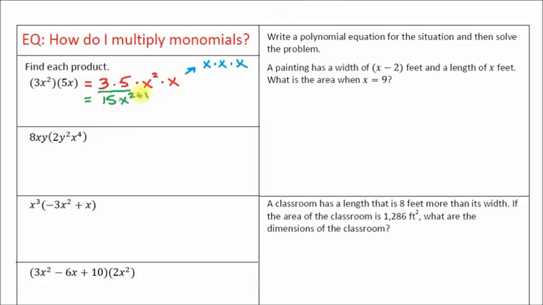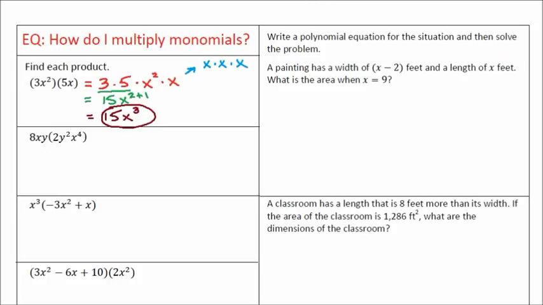If we finish up this answer, let's do this in a different color so you see it. This would be equal to 15x cubed. I'll circle my answer so you see that's the end. I don't like that the 3 doesn't look very clear, so let's rewrite that. 15x cubed. Again, remember, when you multiply the same variables together, and they have different exponents, all you do is add the exponents together.